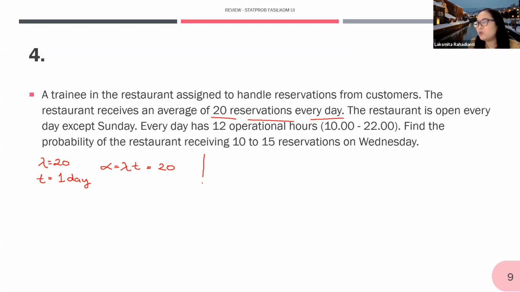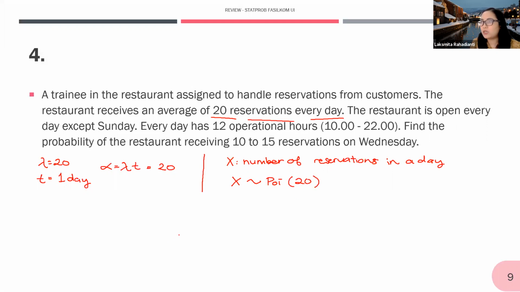So if I'm going to correctly write the random variable, if x is the number of reservations in a day, I can write that x follows the Poisson distribution with 20.